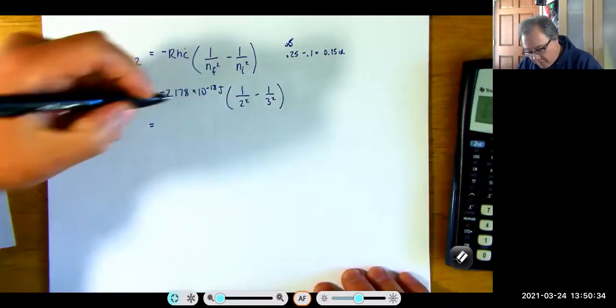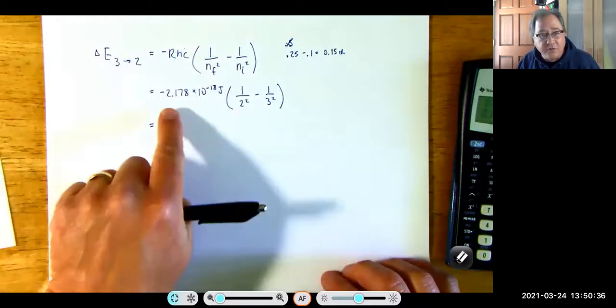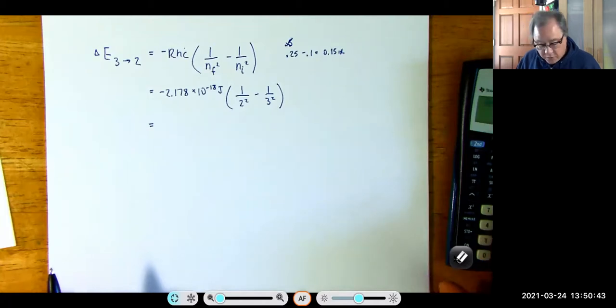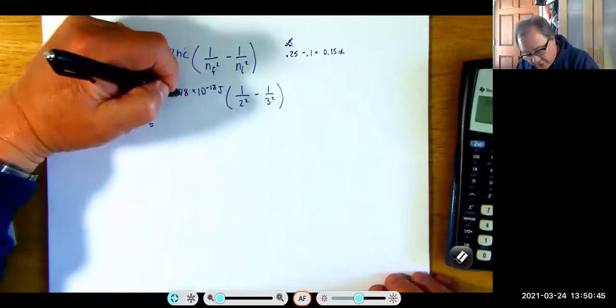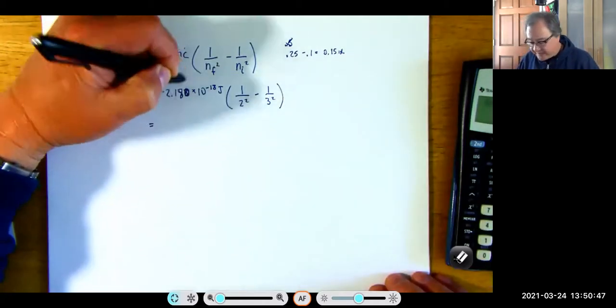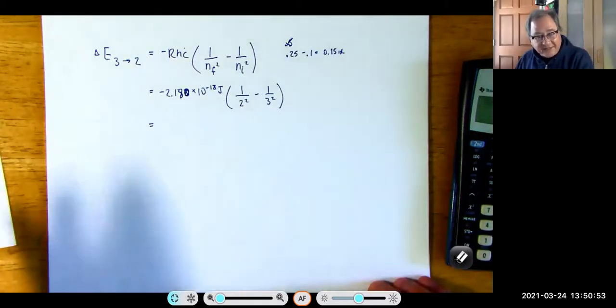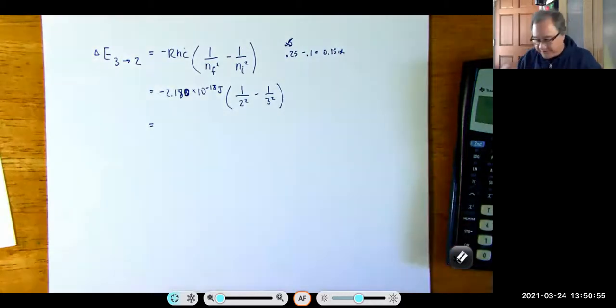Okay, so now I'm going to multiply that times this negative 2.178. Or 2.180. I keep making that mistake. It's actually 2.1799 something, but when you round, it's 8.